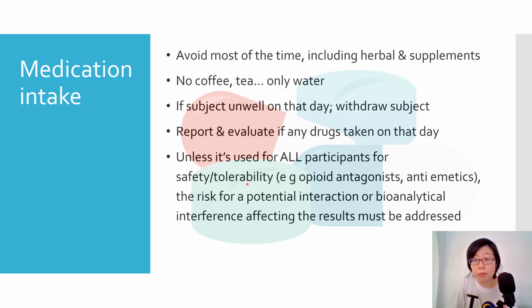In some rare cases, whereby for the drugs that we look at, we need to give some drugs to tackle the side effects, those will be given to all the participants due to safety or tolerability issues. These may be things like anti-cancer drugs, for example, that we use on cancer patients.